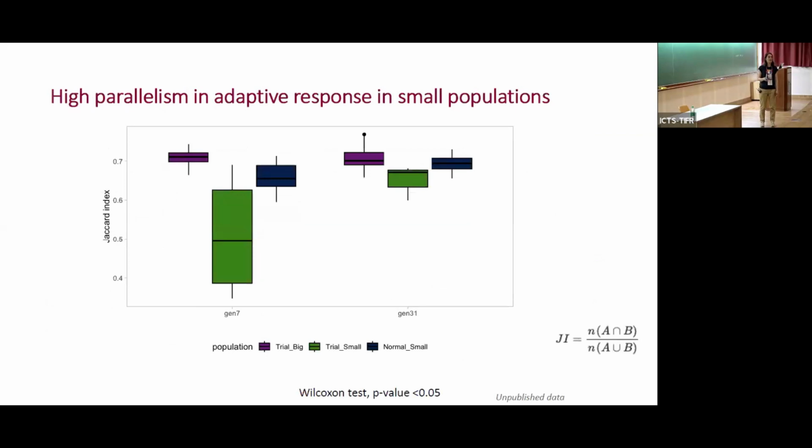And when we look at patterns of parallelism, we do observe something between the small and large populations. These are the dark blue colors. At generation 7, the level of parallelism is less than at generation 31, but parallelism is much higher compared to the small populations on high protein diets.